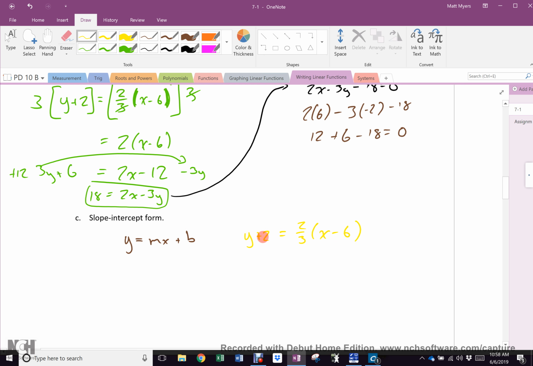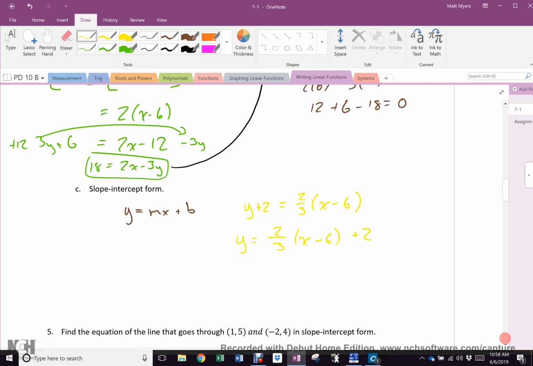So what should I do with that 2? y equals 2/3 x minus 6 plus 2. Now what? You could distribute this in, yes? Then we're distributing a fraction. Do we like that? No.